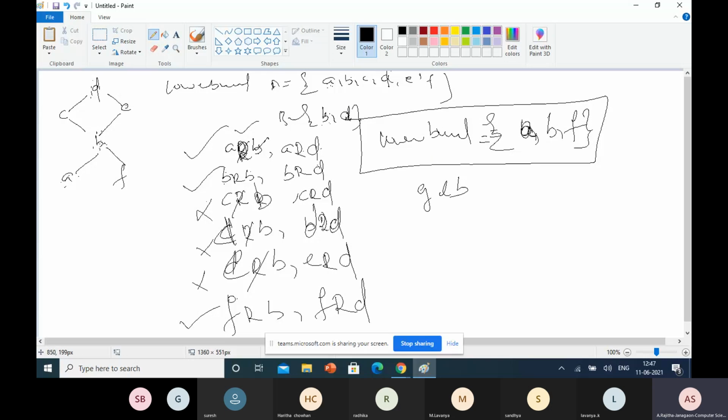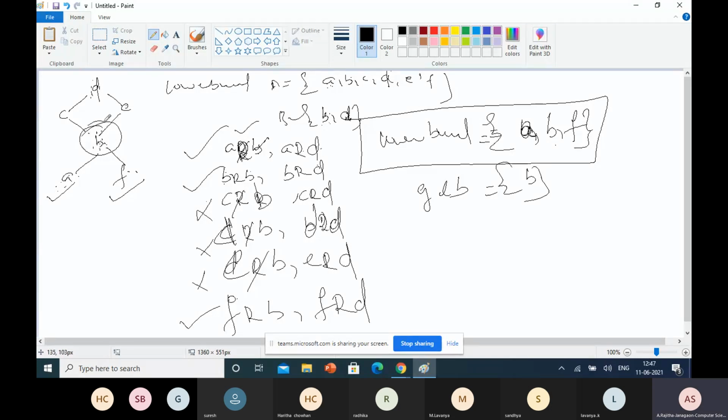So then what will the greatest lower bound be? What is the greatest lower bound? Greatest lower bound for B and D. For B and D, which one is closer? That is A, F and B. So B is the greatest. A is there and F is there.